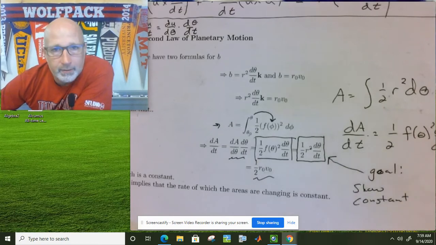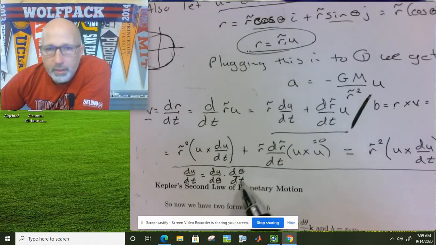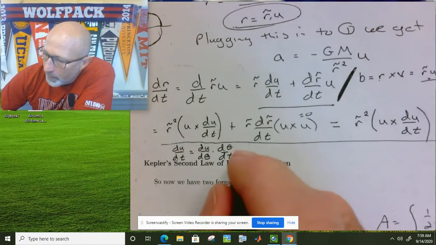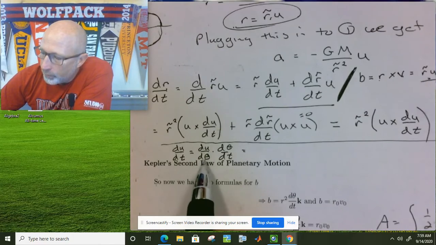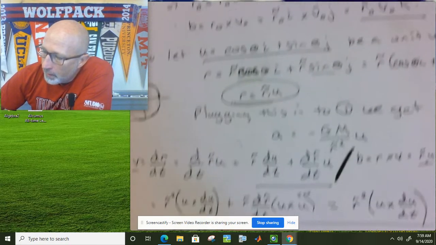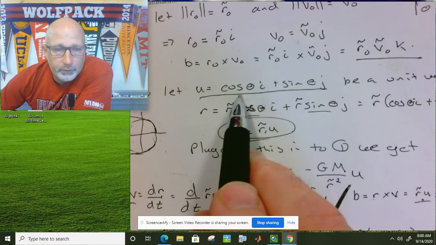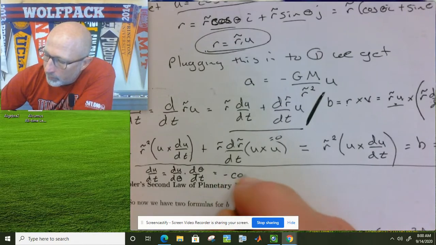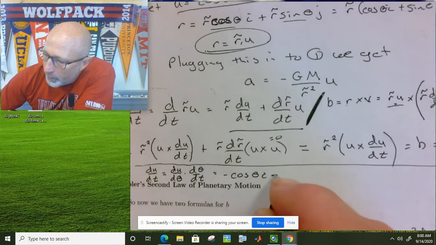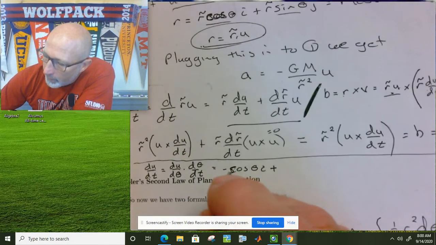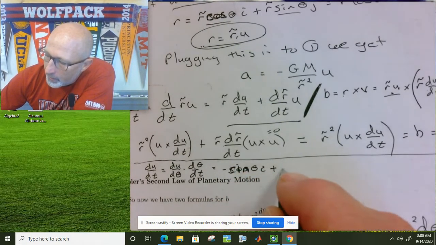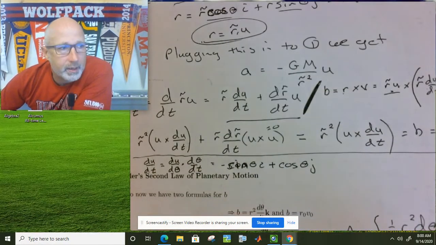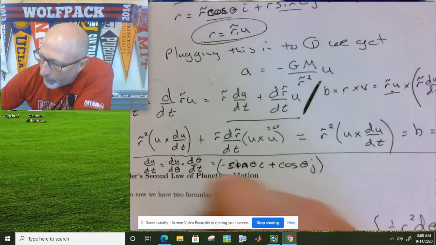And here, there it is. So let's go forward and figure out what this is equal to. This is equal to the derivative of u with respect to theta, which is negative sine theta i plus cosine theta j, and then it's still multiplied by d theta dt.